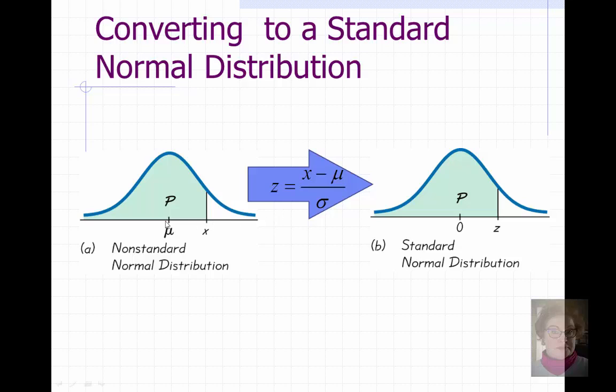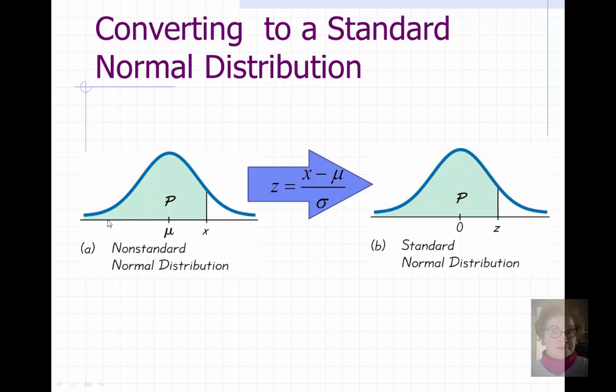So if we take a non-standard normal distribution and transform it using the z-score formula, it goes right into the standard normal distribution. Now let's think about this. Before the world of technology, we had one standard normal table. You have it in your book, you have it on your yellow sheet, it's 2 pages.